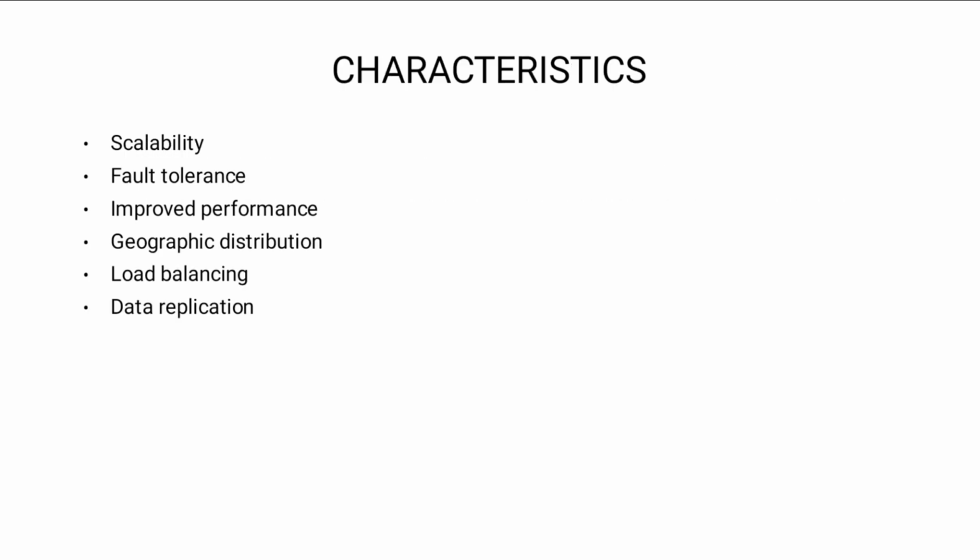First, characteristics. Scalability. Scalability means handling a large amount of data and a high number of concurrent users. Next, fault tolerance. It is nothing but data is replicated or distributed across multiple nodes. The system can continue to function even if some nodes fail.